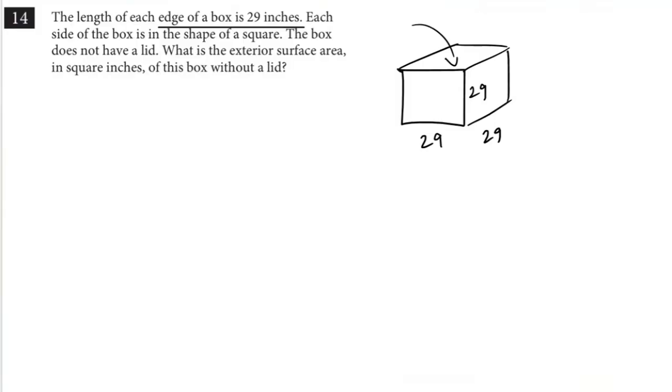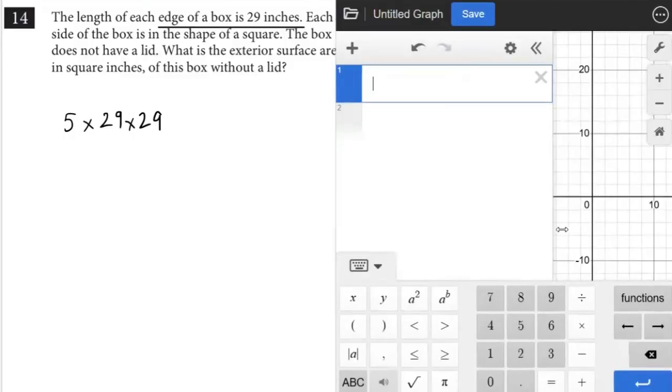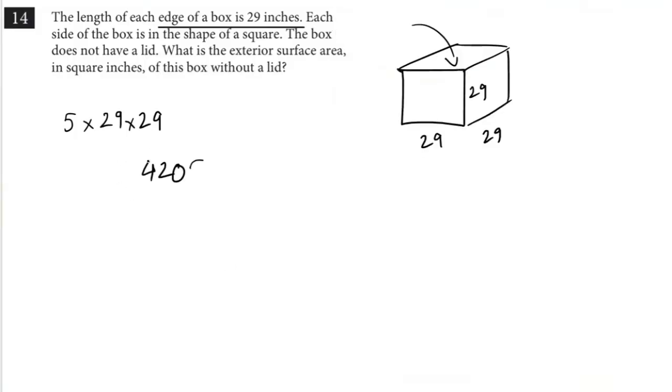What is the exterior surface area in square inches of this box without a lid? So I know that 29 times 29 is the area of one face, and there are not six this time since the lid is removed. So there are five of these. So you can use your calculator to get this answer. So 29 squared times 5. 4205 is your answer.